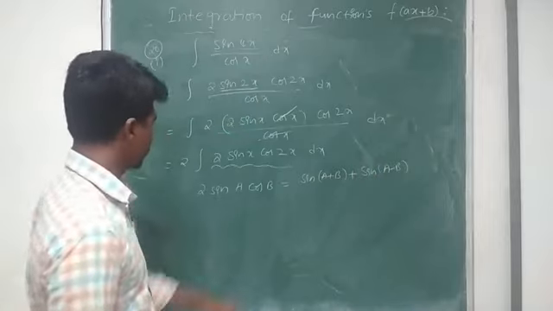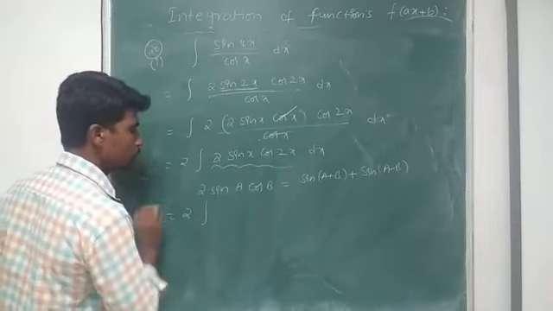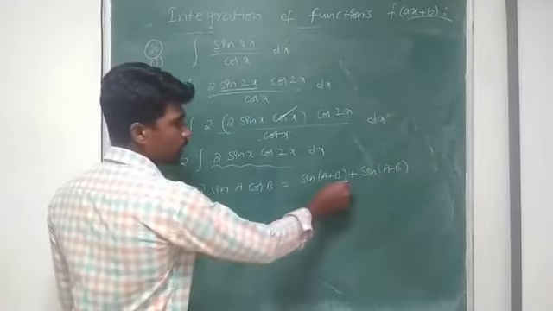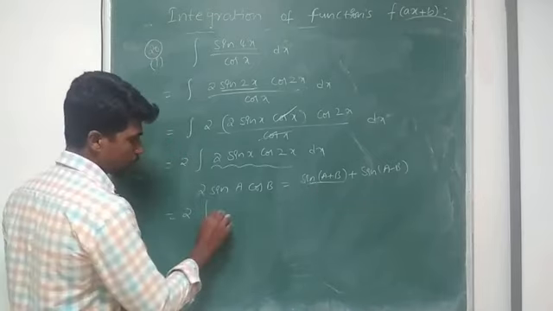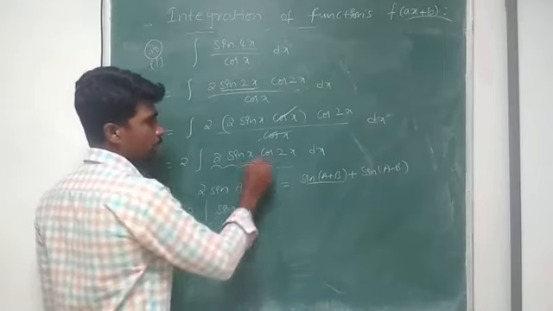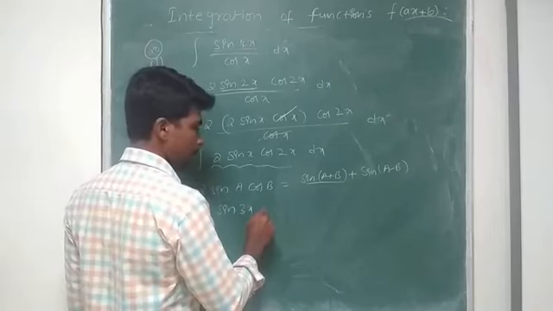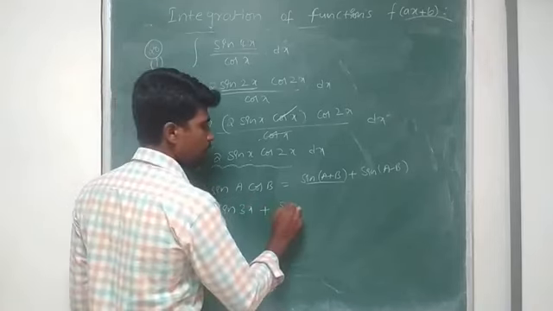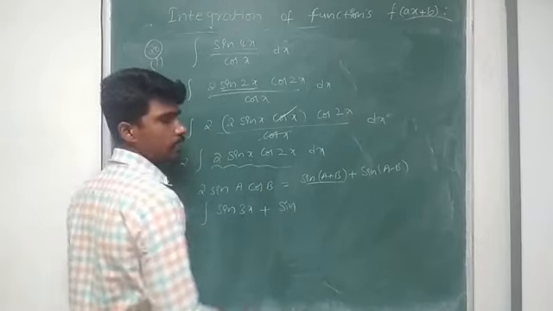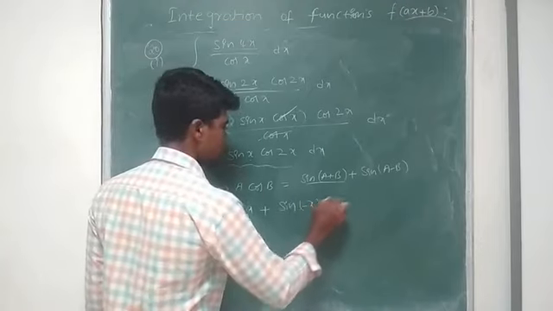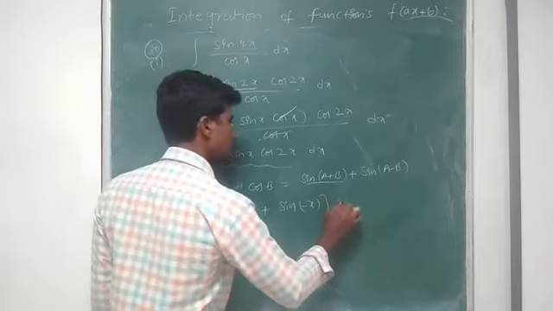So I use this formula, then I get 2 into integral sin a plus b plus sin a minus b. So I get sin x plus 2x, 3x, plus sin x minus 2x, minus x, dx.